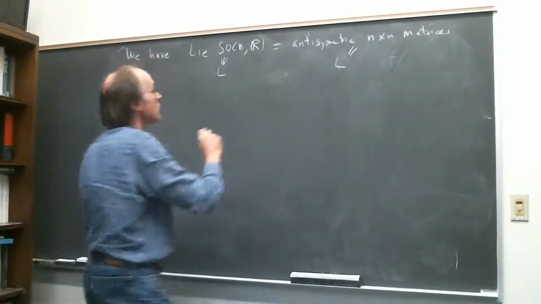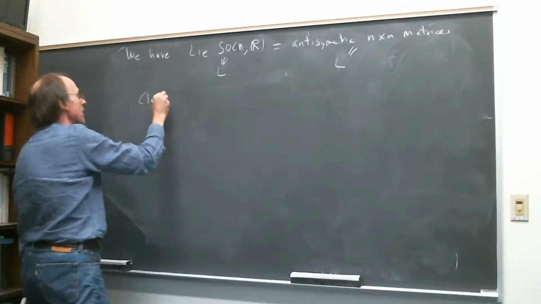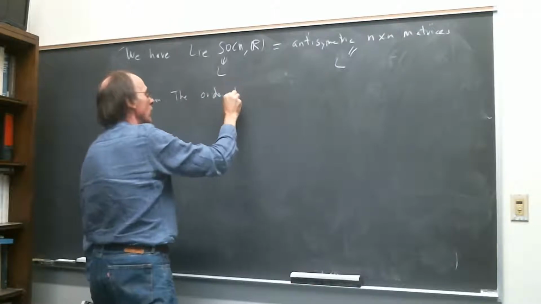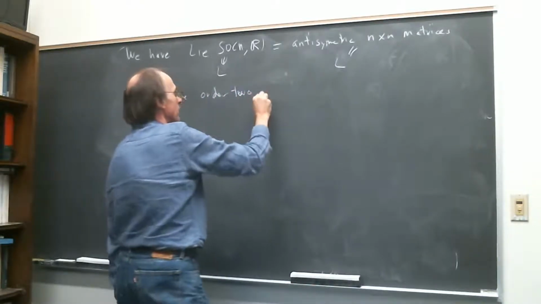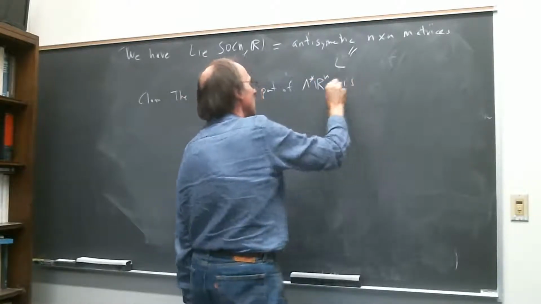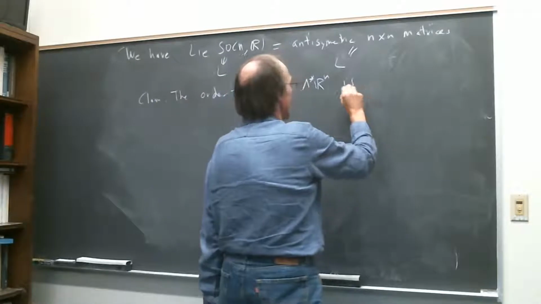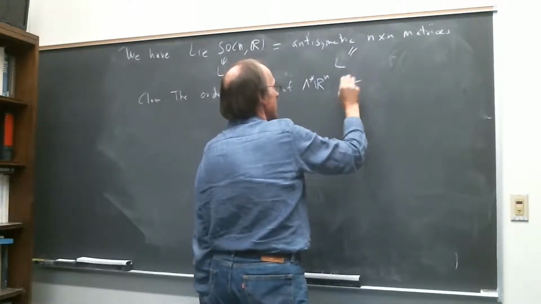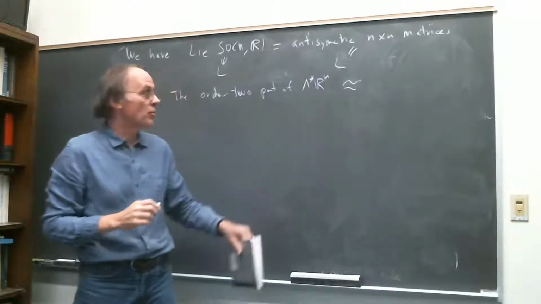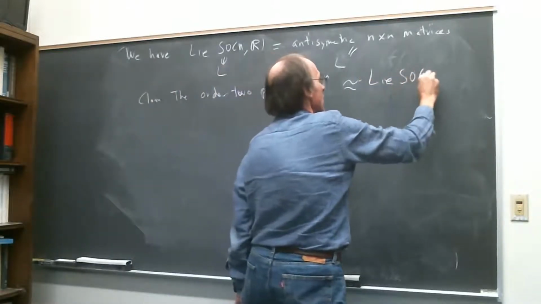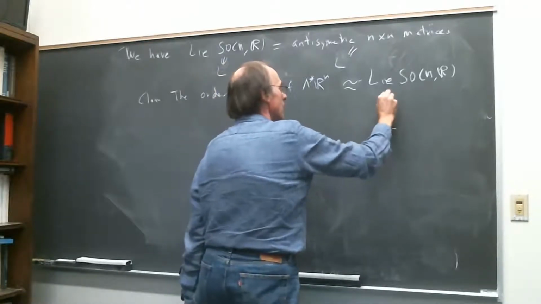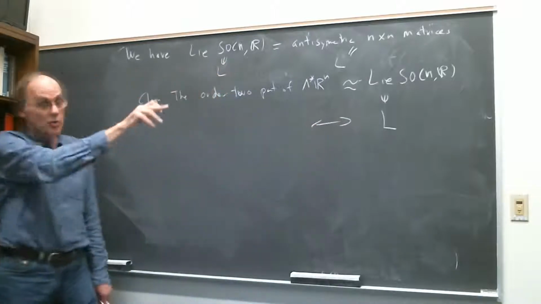So what I want to claim is that the order 2 part of the Clifford algebra on R^n star, with this plus Poisson bracket, is isomorphic to the Lie algebra of SO(n, R). And I need to know what this guy corresponds to.